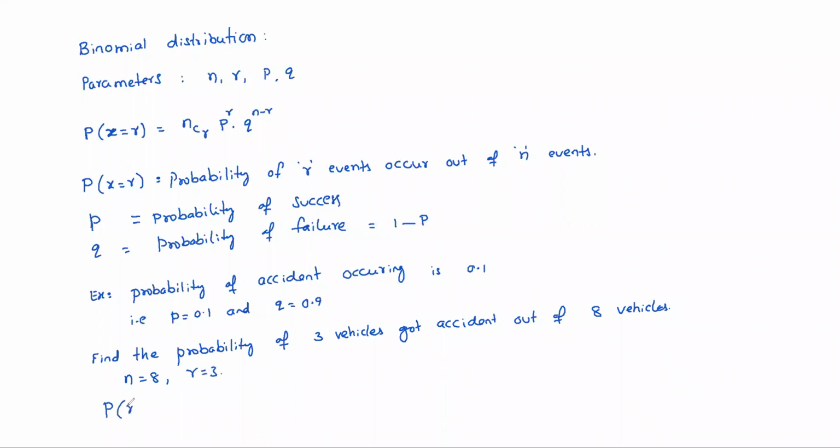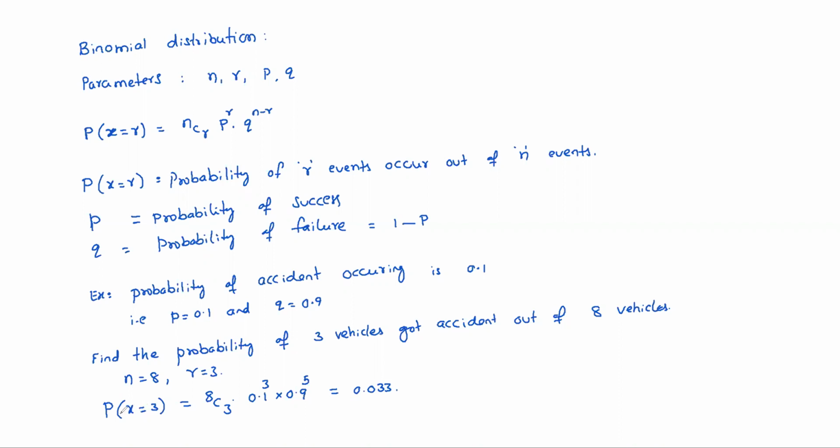So probability of x equal to 3 is nothing but 8C3 times 0.1 to the power of 3 into 0.9 to the power of 8 minus 3, which is 5. What is this? 8C3 multiplied by 0.1 to the power of 3 into 0.9 to the power of 5, which is about 0.033.